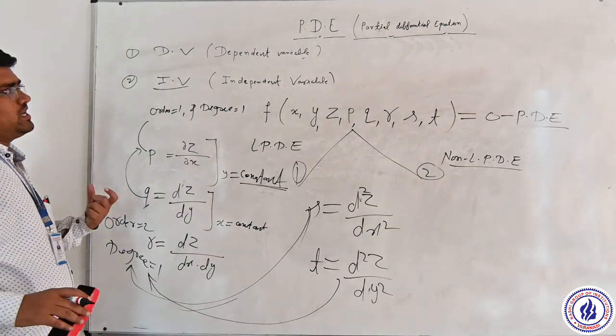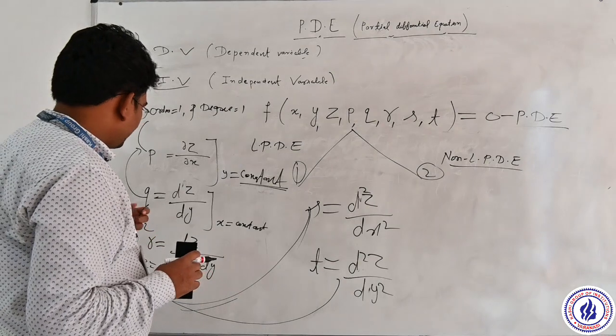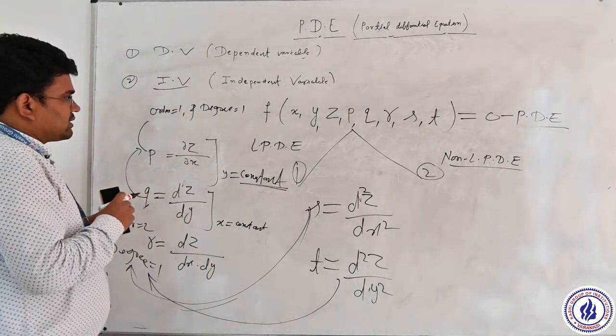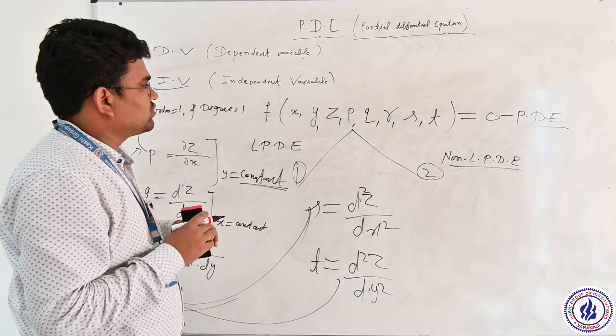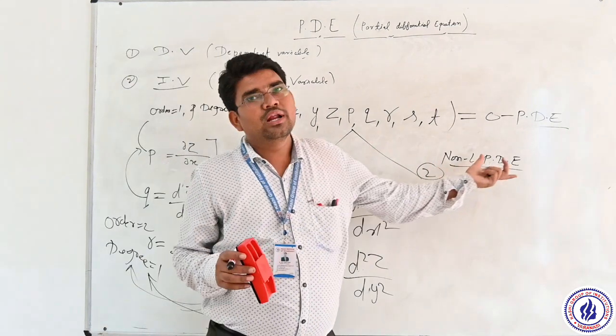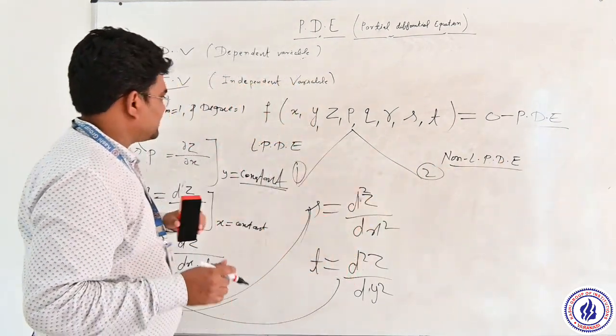In a PDE, a partial differential equation, on the basis of order and degree you create the difference between linear PDE and non-linear PDE. Here, what is a linear PDE?